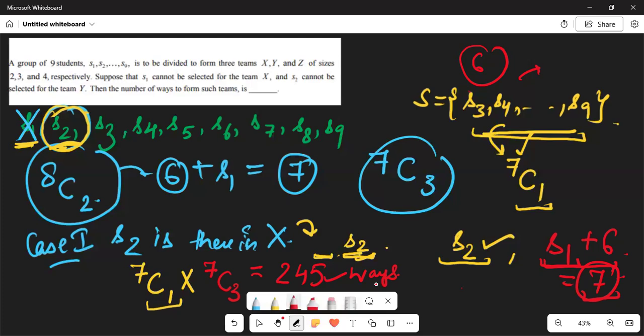So out of S3 till S9, we have 7 students. Take one out of those 7, 7C1. Now comes Y. While choosing for Y, how many students do we have? S2 should not be there and S2 is already there in X, so it won't be counted again.